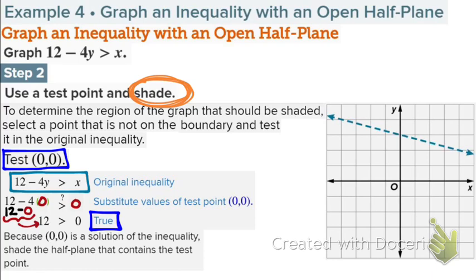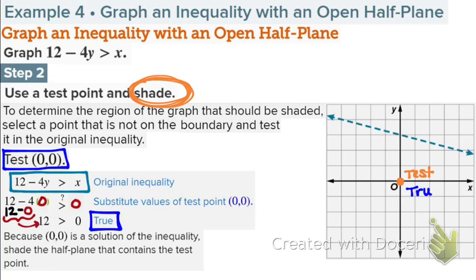Now I'm going to come over here to my graph. Where's the point that we tested again? 0, 0. Here's my test point. And we said that this was true or false when we substituted it in and we simplified. Did we get something that was true or false? True.